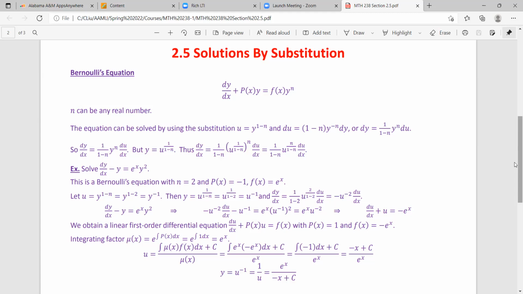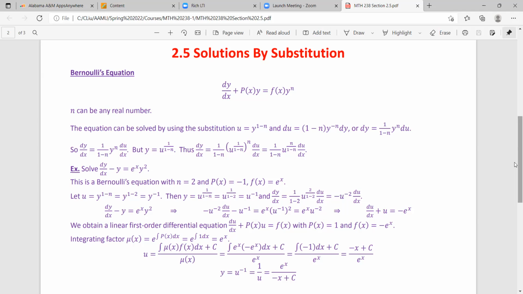You have to write down du in terms of y and dy. So if you do that, what you get is 1 minus n times y to the negative n dy. That's du. So dy will be 1 over 1 minus n times y to the n, if you divide by 1 minus n and multiply by y to the n. And then dy over dx obviously will be 1 over 1 minus n y to the n times du over dx.